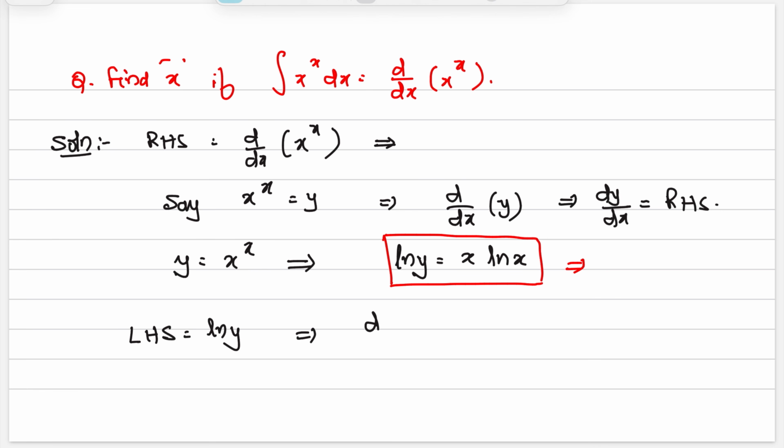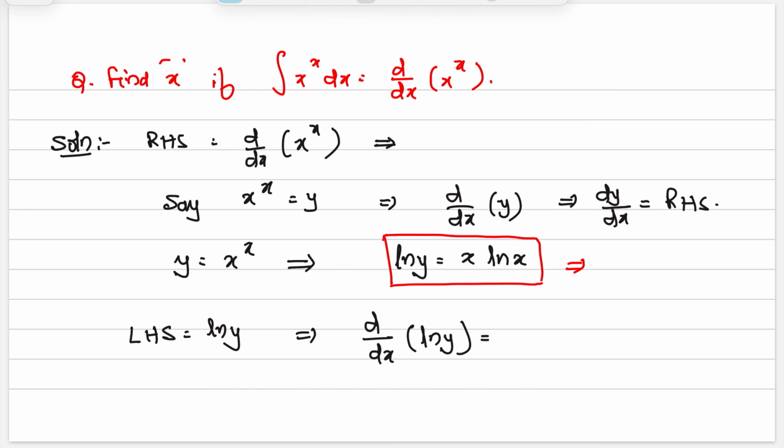That implies d by dx of ln y. D by dx of some function of x, you people have done in elementary differentiation. Y is a function of x because ln y is equal to x ln x.